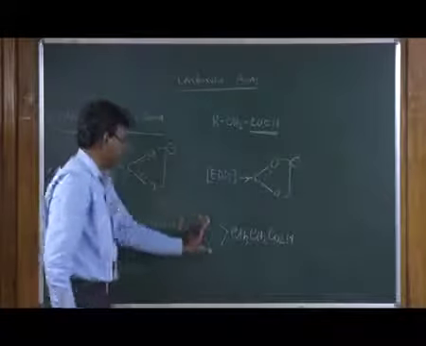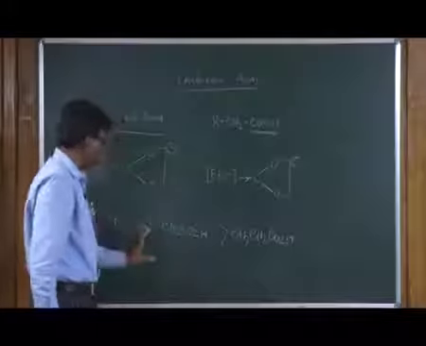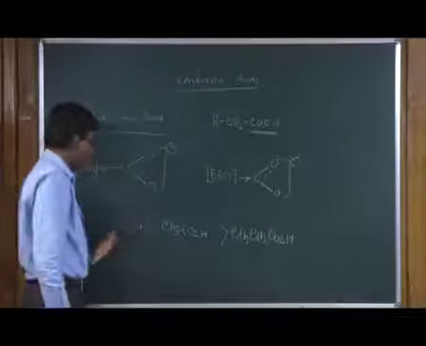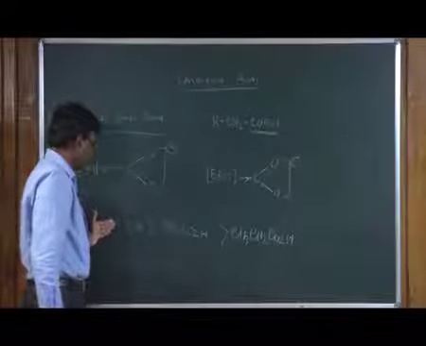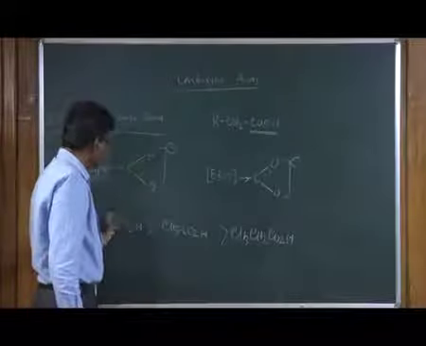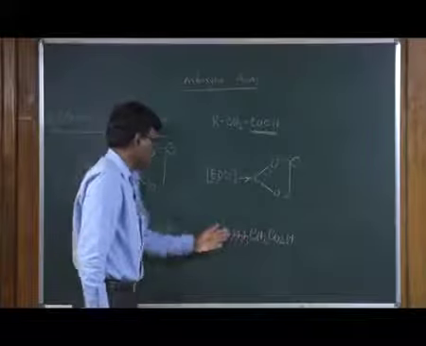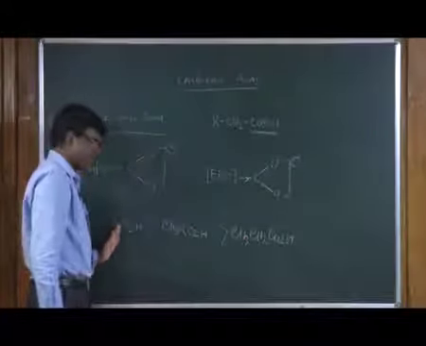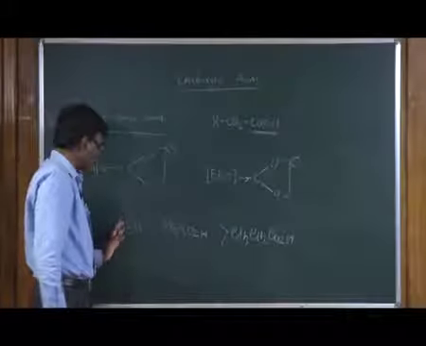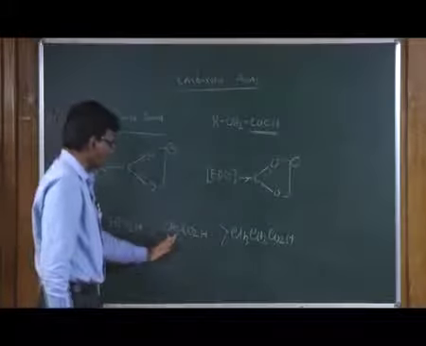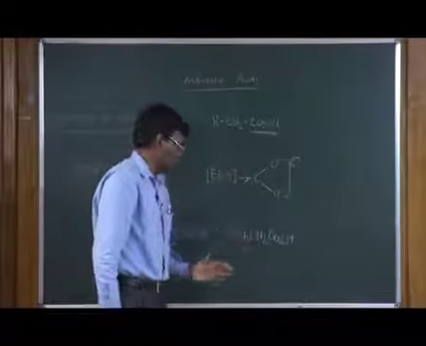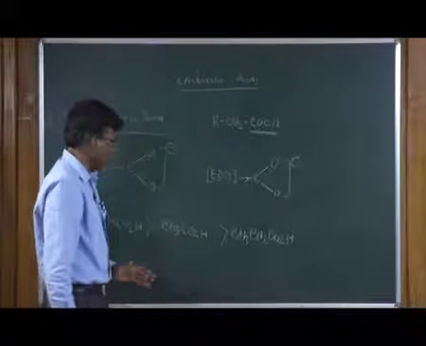This is the acidity order in the case of aliphatic carboxylic acids when you have electron donating alkyl groups. The unsubstituted formic acid, which is called methanoic acid, its IUPAC name, is more acidic compared to ethanoic acid, and ethanoic acid is more acidic compared to propanoic acid.